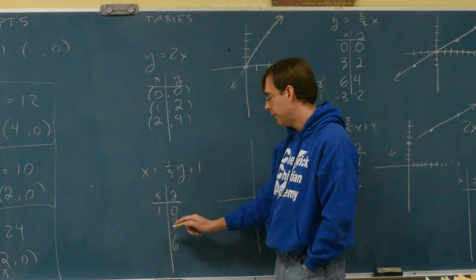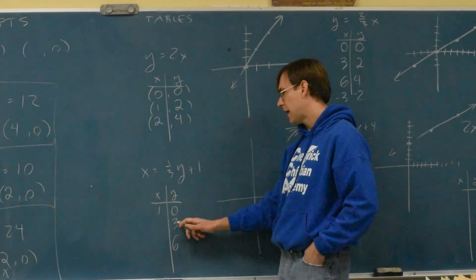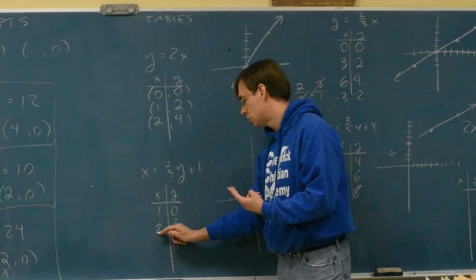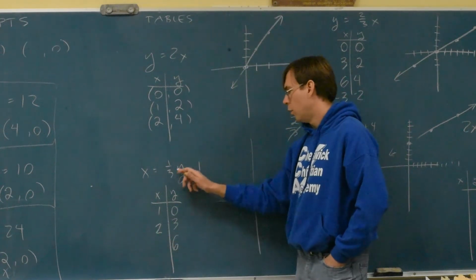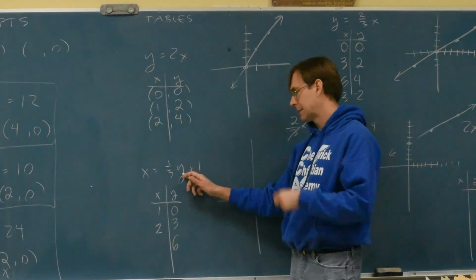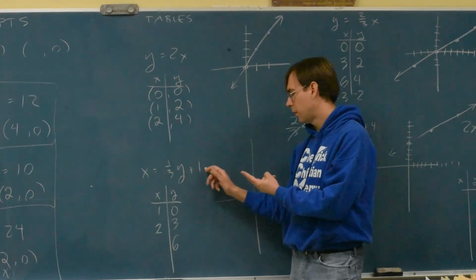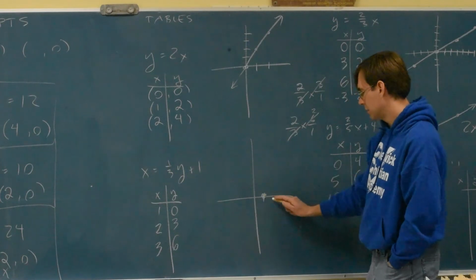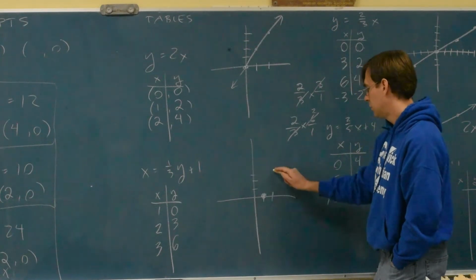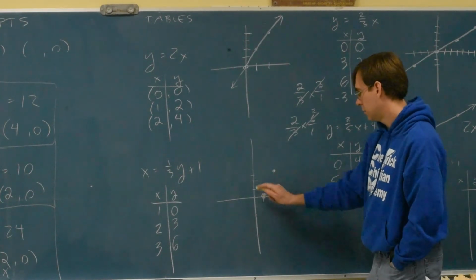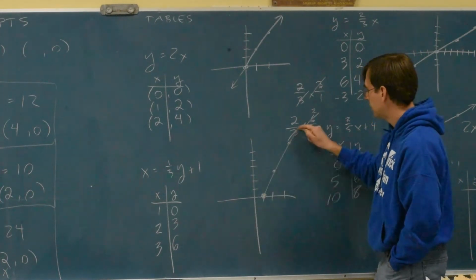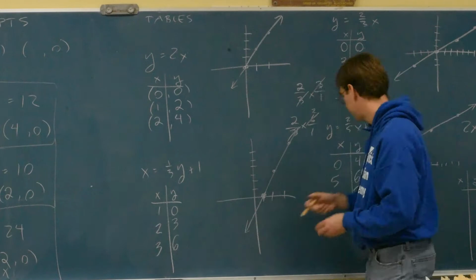Adding 1 is 1. 1/3 times 3 cancels 3s to leave 1. Adding 1 is 2. When 1/3 multiplies 6, that leaves a 2. Plus 1 is 3. So 1, 0 is there. 2, 3 is there. 3, 6 is there. Nice straight line.